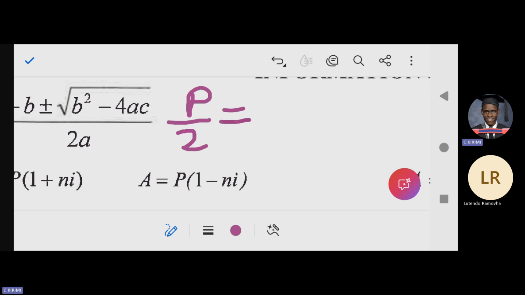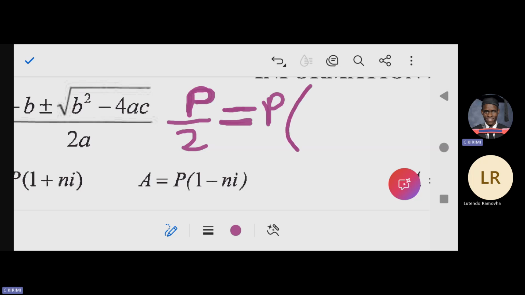It is equal to P, which is the original value, not the interest, which we don't have. P is the original value, isn't it? And half the original value means it's P over 2.